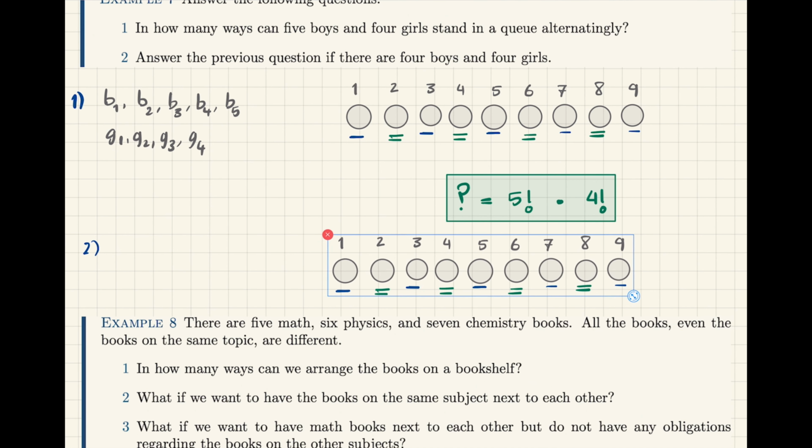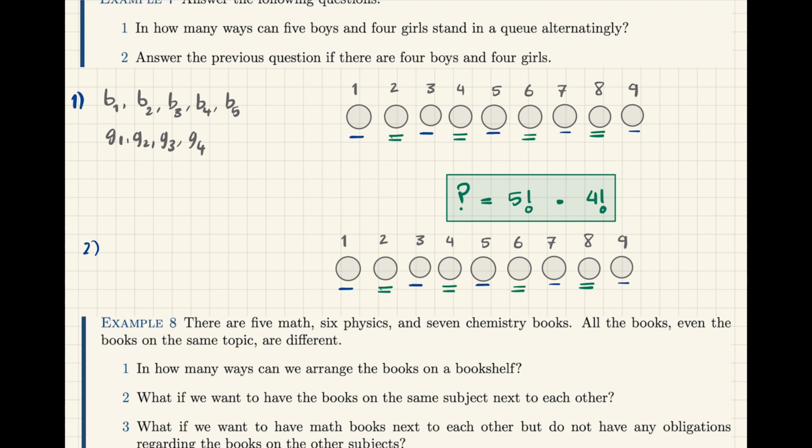So here I have only 4 boys in the second part of the problem. I have 4 boys and 4 girls. So it means that in total I will have 8 positions. So let me just clean the last position. So here I will have 4 boys and 4 girls.